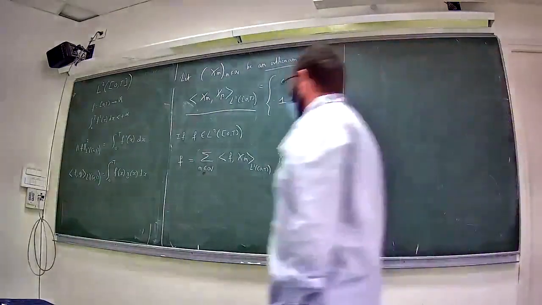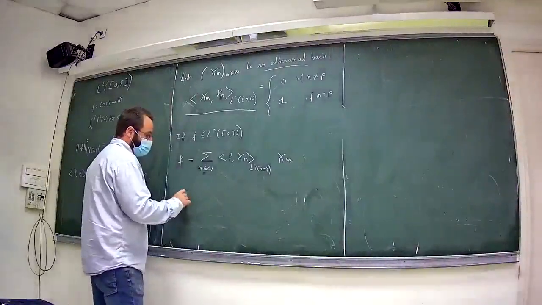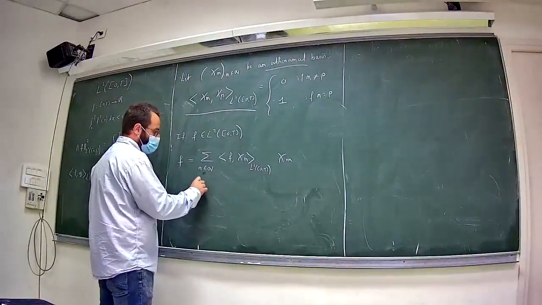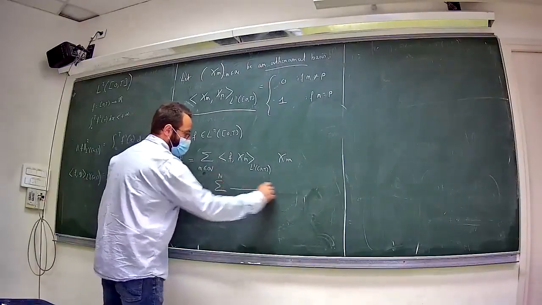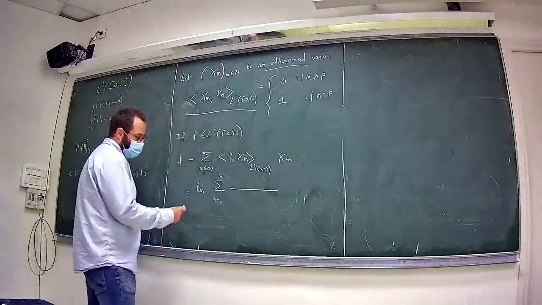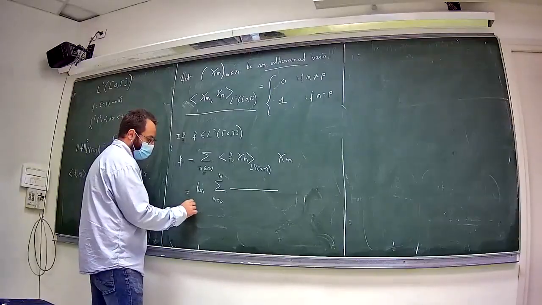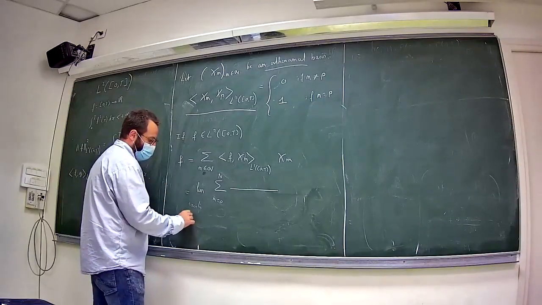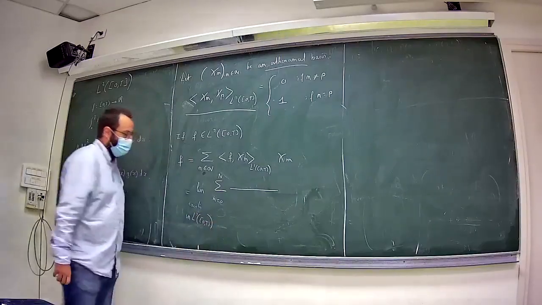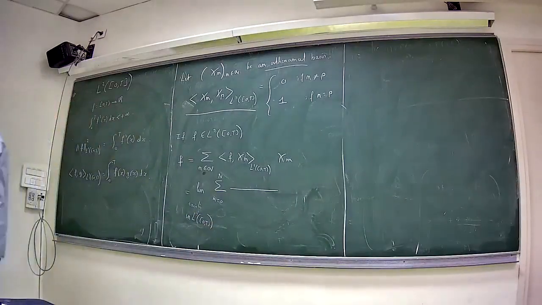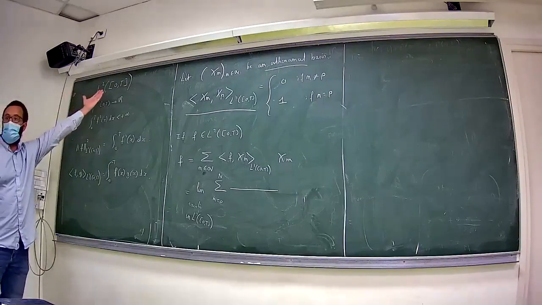So this definition just means that the limit of these sums exists in L2 of 0 to capital T. It is the meaning of writing the infinite sum as the limit of the finite ones, the limit being in the sense of the space I work with.